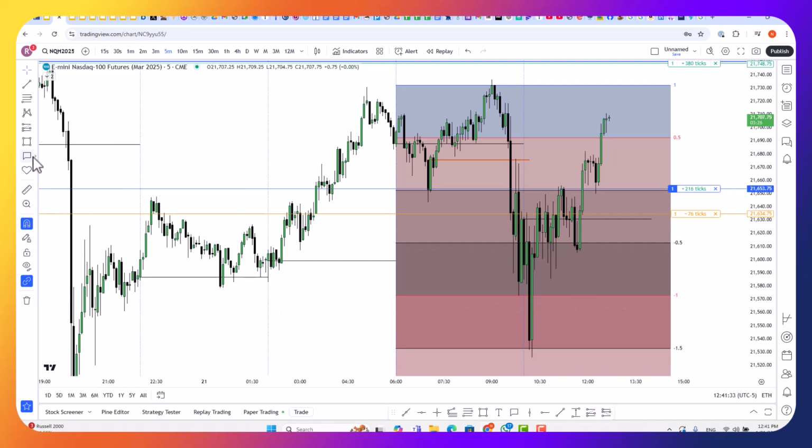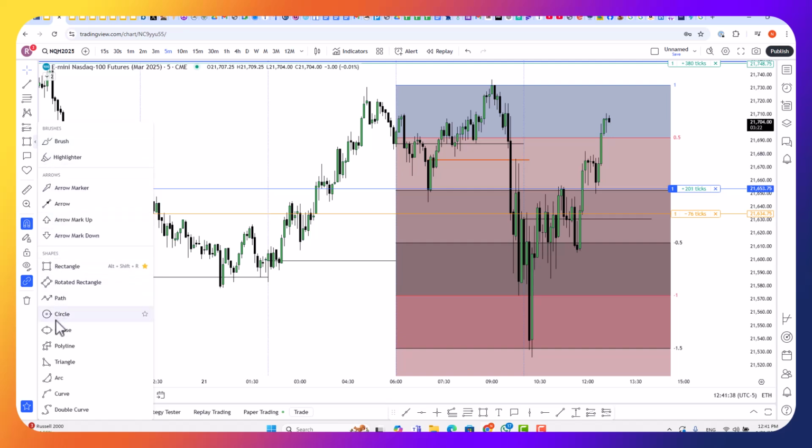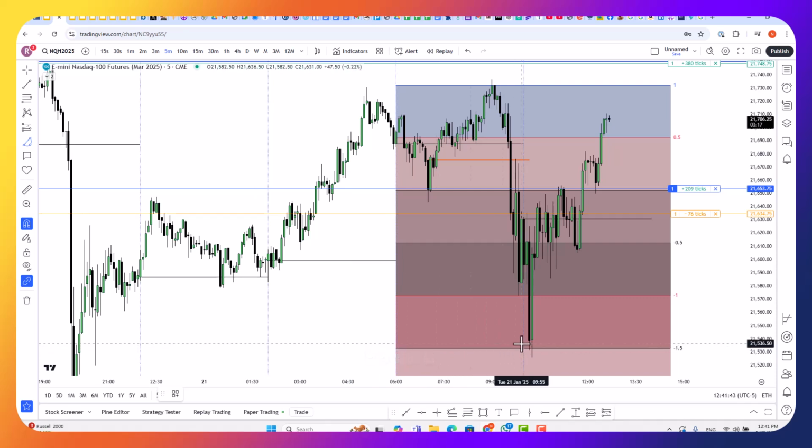This is the reversal. Right? And over here, this is another reversal pattern.